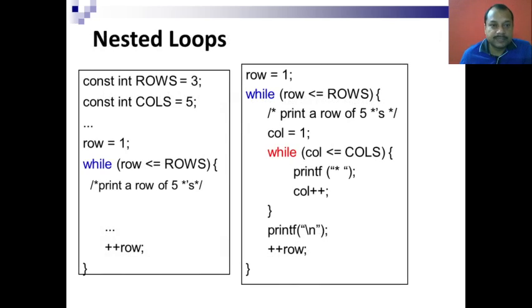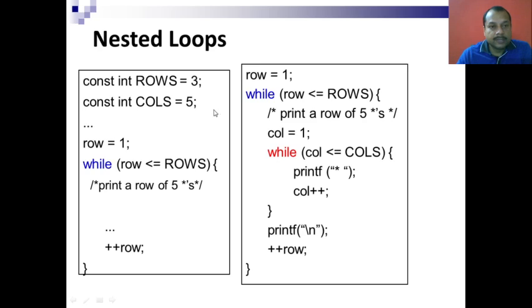The program is very simple. Since it is a kind of matrix construction, the number of rows is 3 and the number of columns is 5. Here I am initializing that, and I am also declaring that this is constant, so it will not be changed. All the details of the program are not given, only the important part.